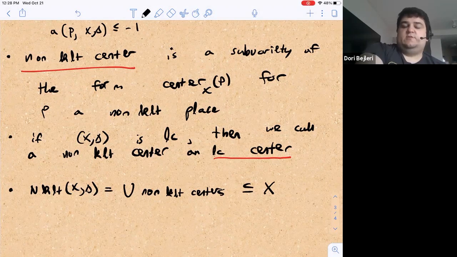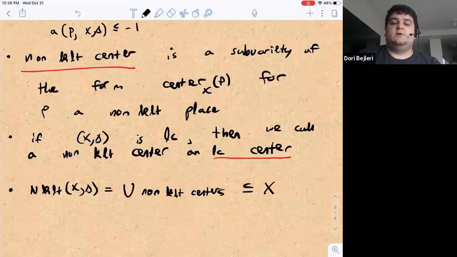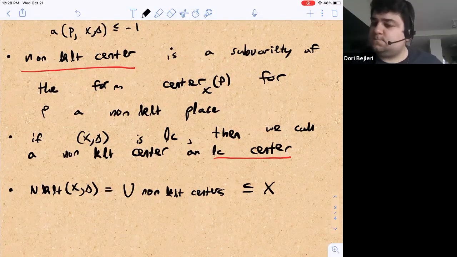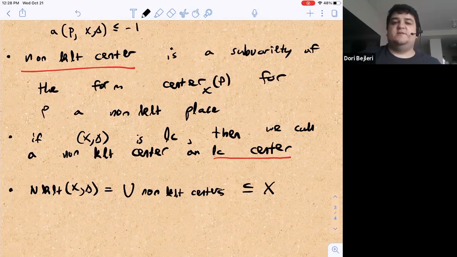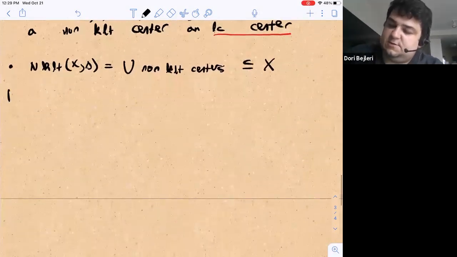So a lot of the game of working with log canonical varieties is that you have some linear series or some divisor you want to understand, and you need to control what it looks like on the log canonical centers, which is where things can go wrong. And there you need to use some kind of induction methods to understand those. Okay, and then finally the last definition.